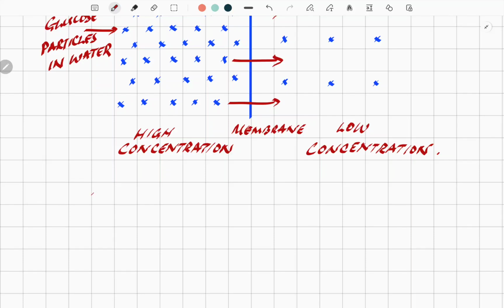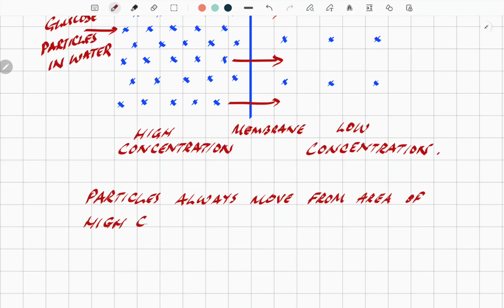Particles always move from area of high concentration to low concentration.